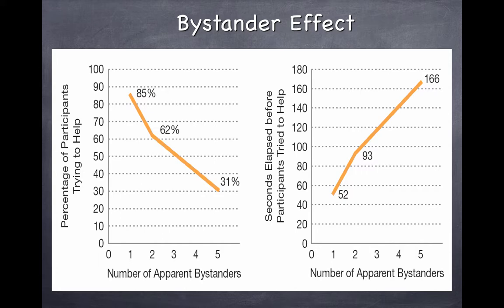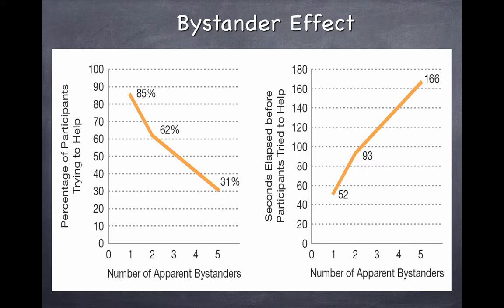Now, part of it is what's called the diffusion of responsibility. The feeling among the bystanders at the emergency is that the responsibility for helping is shared by the group. Someone else is bound to do something. This makes each person feel less compelled to act than if he or she was there alone and bore the entire responsibility, where the sense would be, I must help, no one else can.